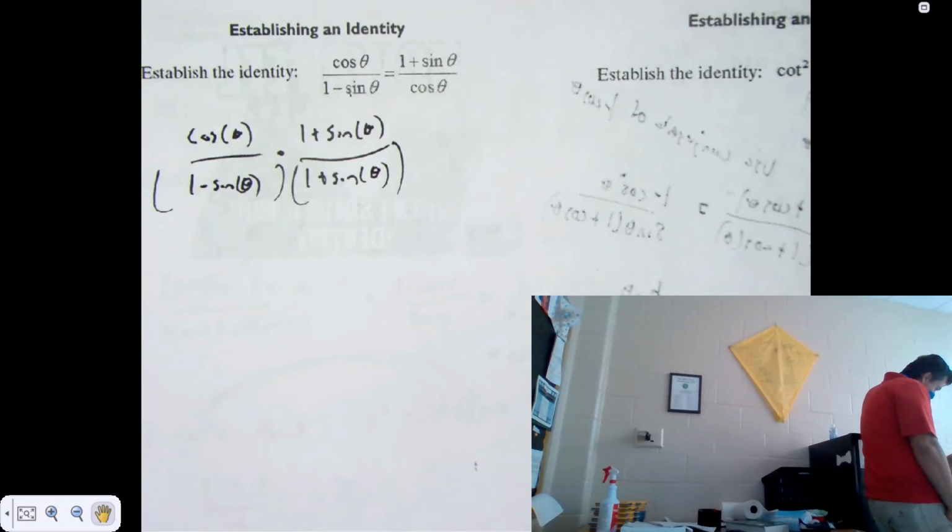That's ultimately what you're doing. I could do that instead. You basically want to reverse your factoring, right?